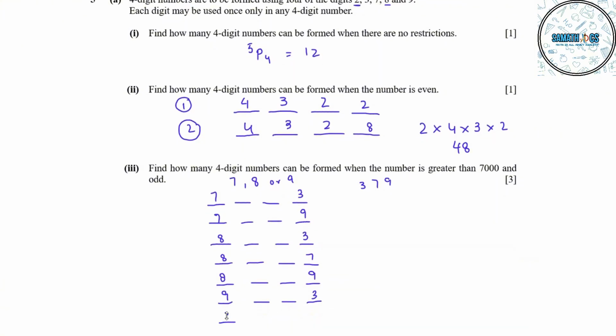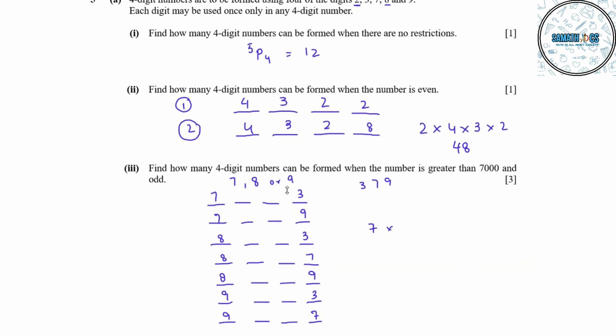Then starting with 9 and the last digit is 7. We cannot have 9 here if the digit at first place is 9. So we have a total of 1, 2, 3, 4, 5, 6, 7 possibilities.